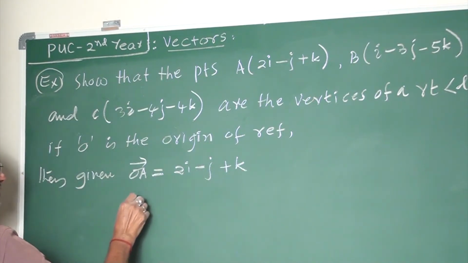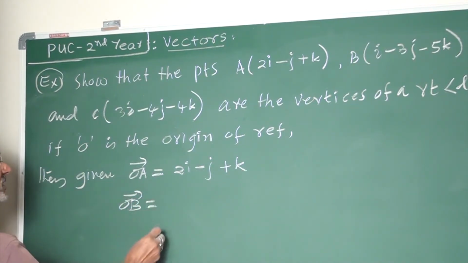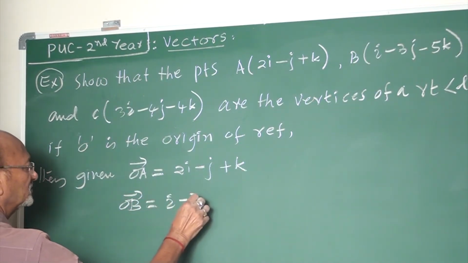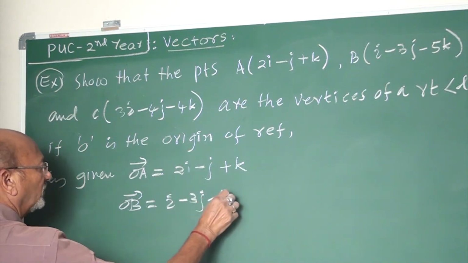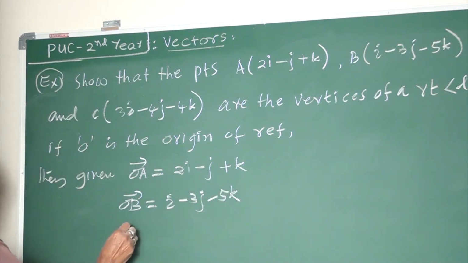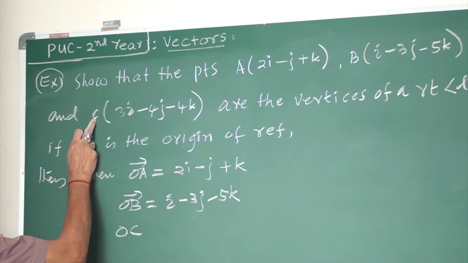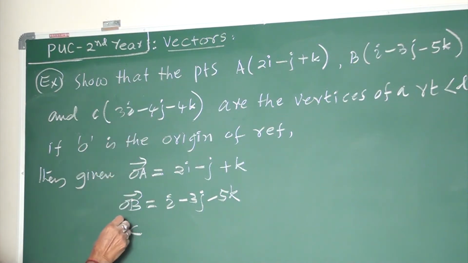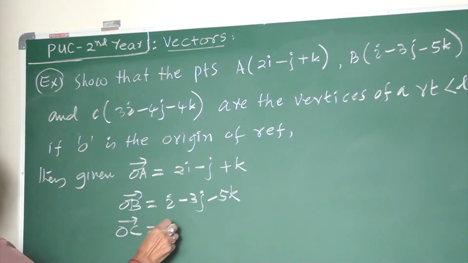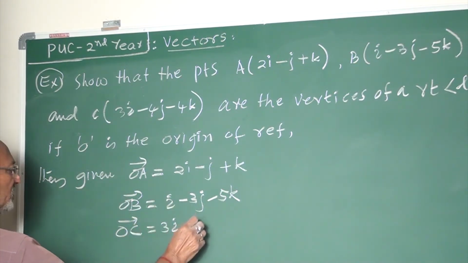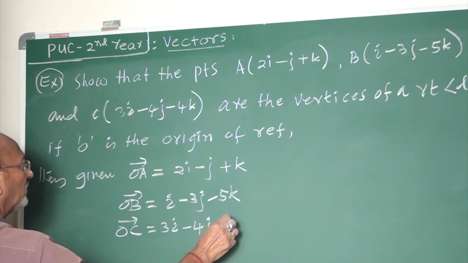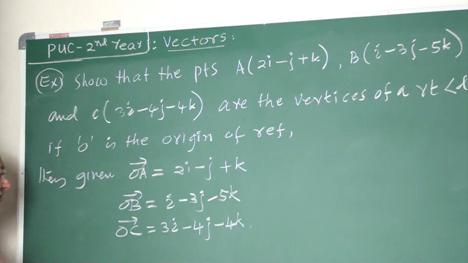OB is i minus 3j minus 5k. And OC, the position vector of the point C, is 3i minus 4j minus 4k.